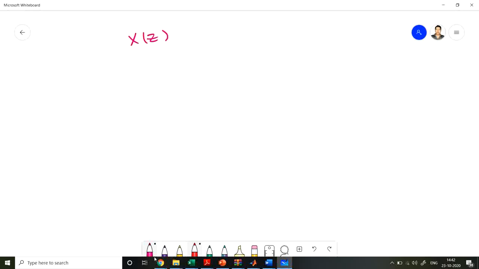X(z) is the summation from n equals minus infinity to plus infinity of x[n] z raised to the power minus n. Now x[n] can be written in the form of unit samples. So how to write it in the form of unit samples?